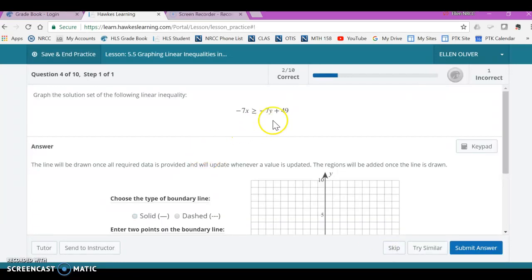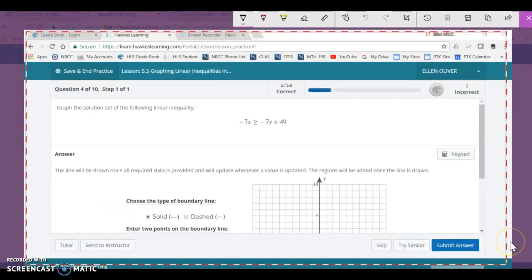Okay, so here we have y on this side. So this one's going to be a little bit more tricky to solve. I know right off the bat that it's a solid line, so I can go ahead and click on that. But let me go to my writing screen. If it will let me, there we go. So I'm going to add 7y to both sides to get it on the left.